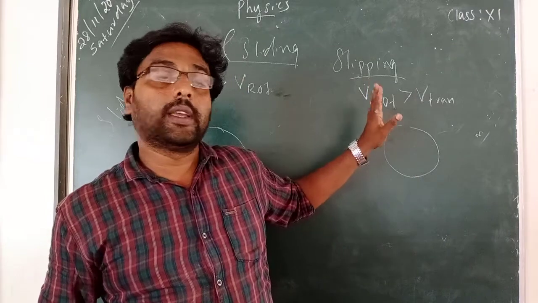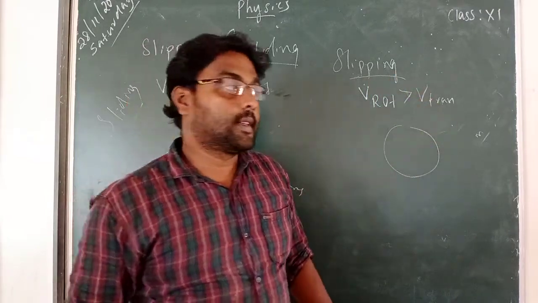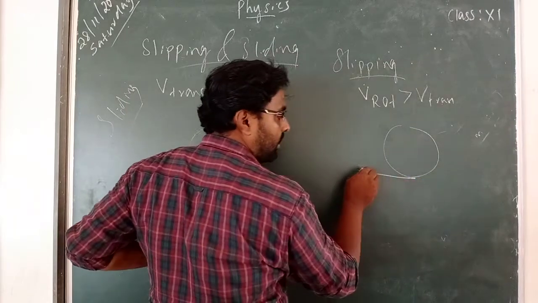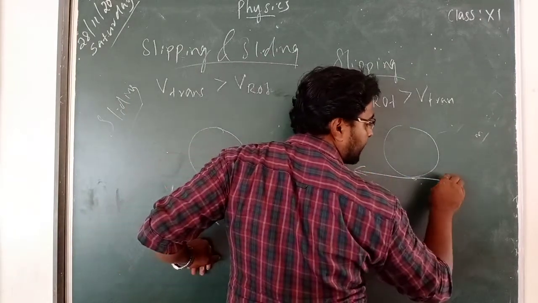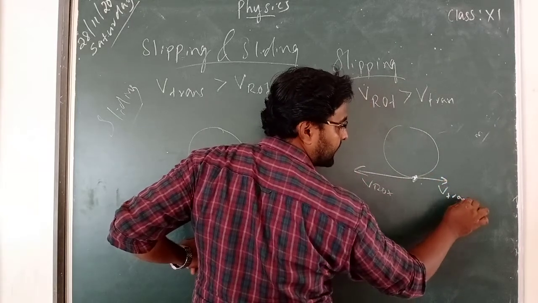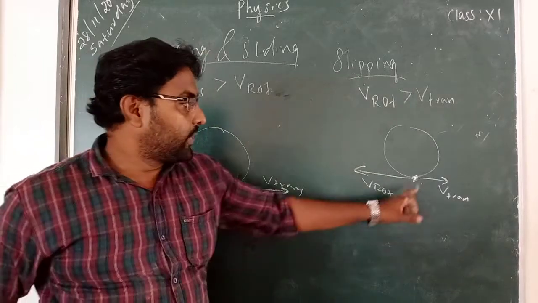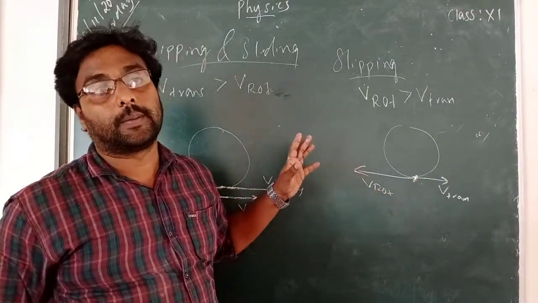This V rotational motion is greater than translational motion. So here V rotational is in this direction, this is the point of contact, V translational, V rotational, and from this point of contact the rotational motion is increasing.